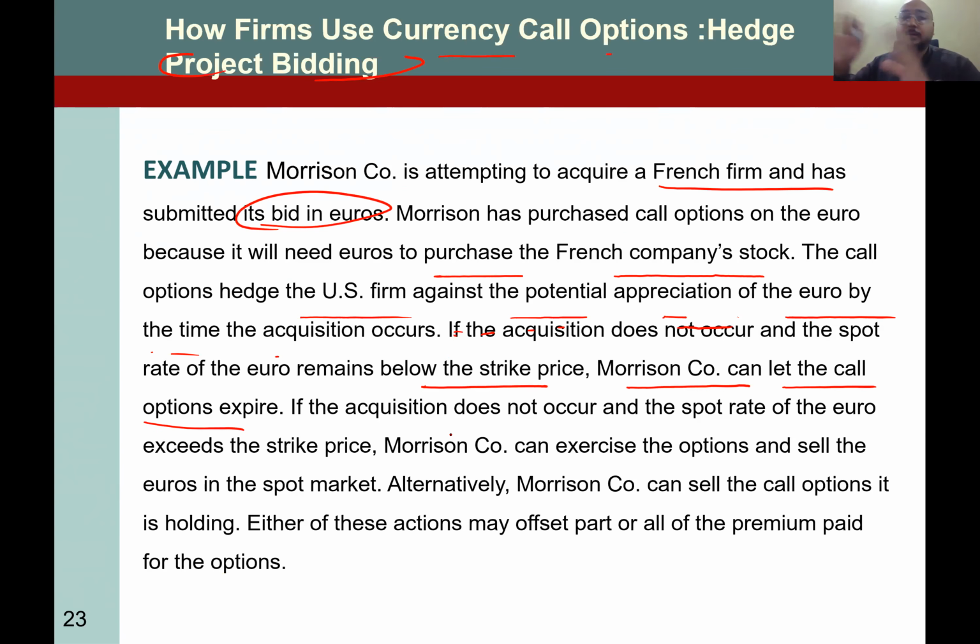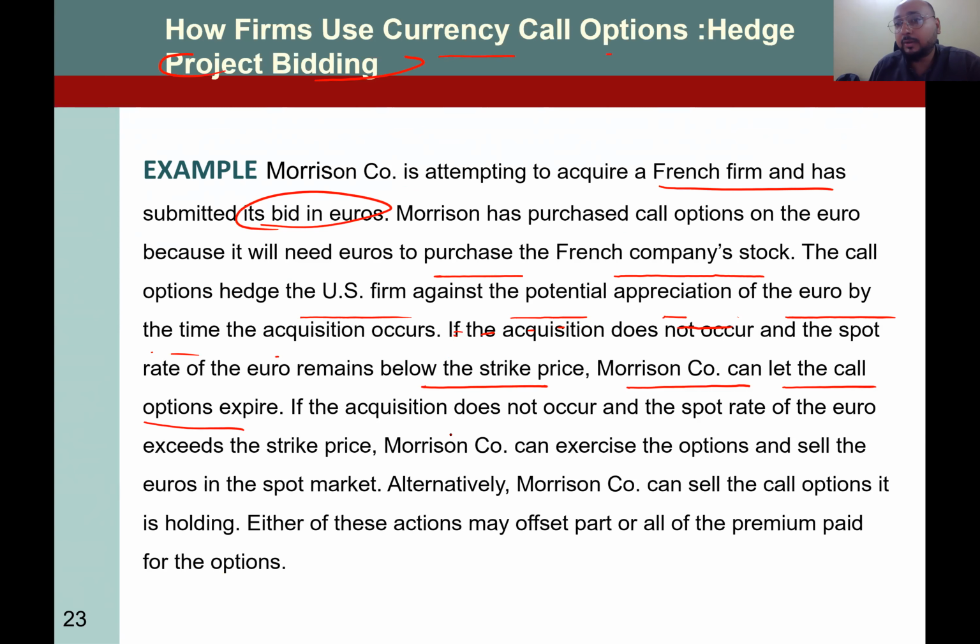So what if their bidding is rejected? They already submitted the biddings. If their bidding is rejected, and you know that the price will go down, you bluntly say, I don't want this, I just pay the premium and that's it.